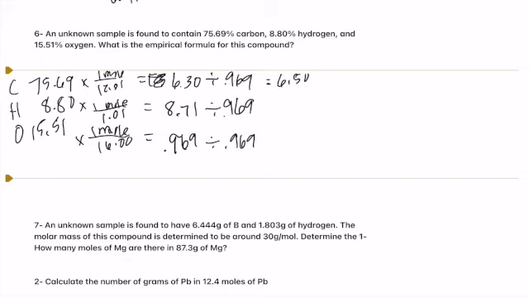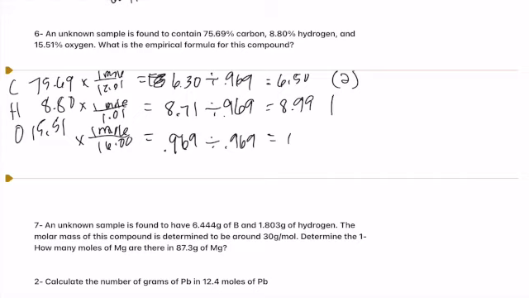For carbon, we get roughly 6.5. We see that for hydrogen, we're going to get roughly 8.99. And then, of course, for oxygen, we have 1.